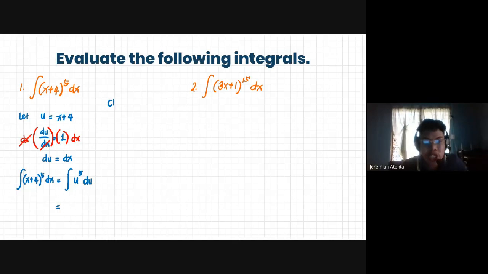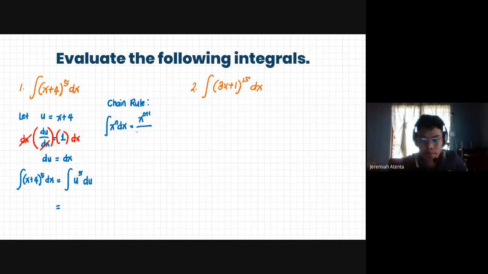So again, the rule for integration: the integral of x to the n dx is equal to x to the n plus 1 all over n plus 1, plus c. So in this case, what is your n? We have 5. And your x is u.